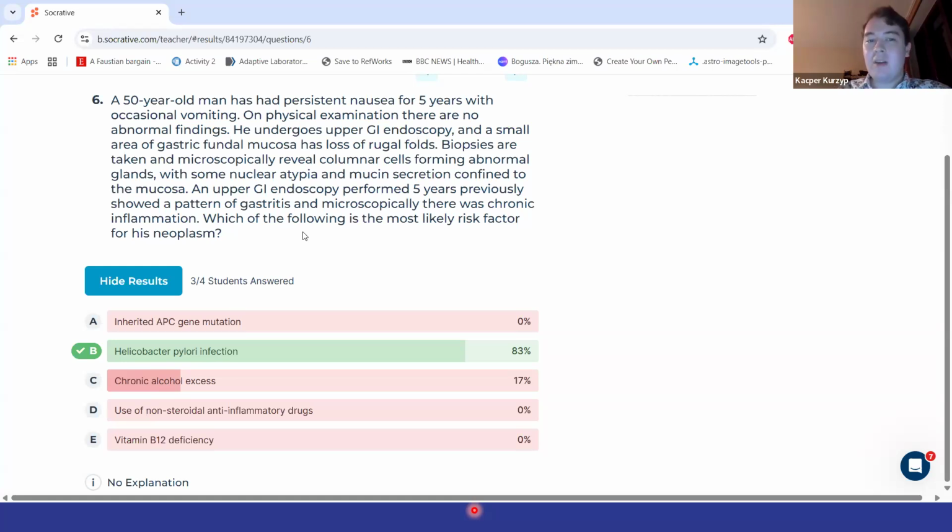They would either tell you that the person is drinking so and so, or you would see it. It just doesn't fully explain. But I appreciate that chronic alcohol excess is a risk factor for stomach cancer. But as many people have answered, H. pylori infection is the biggest risk factor for stomach ulcers, number one, and subsequently stomach cancers.